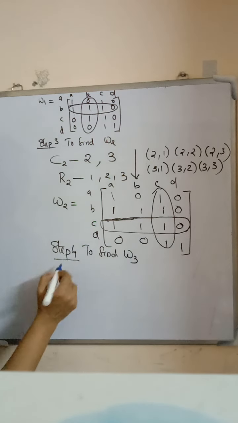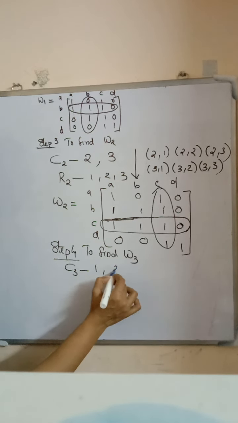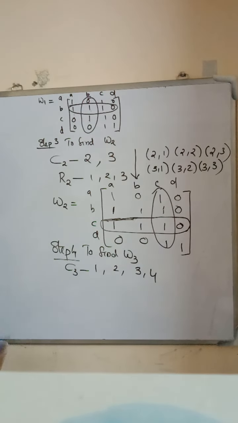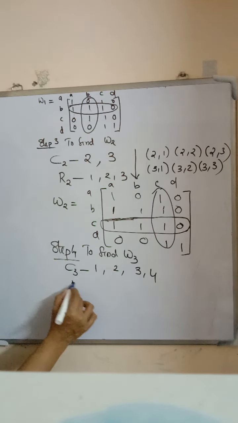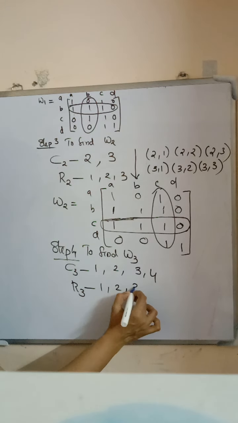So in the third column, the positions of 1 are 1, 2, 3 and 4. And the positions of 1 in row 3 are 1, 2 and 3.